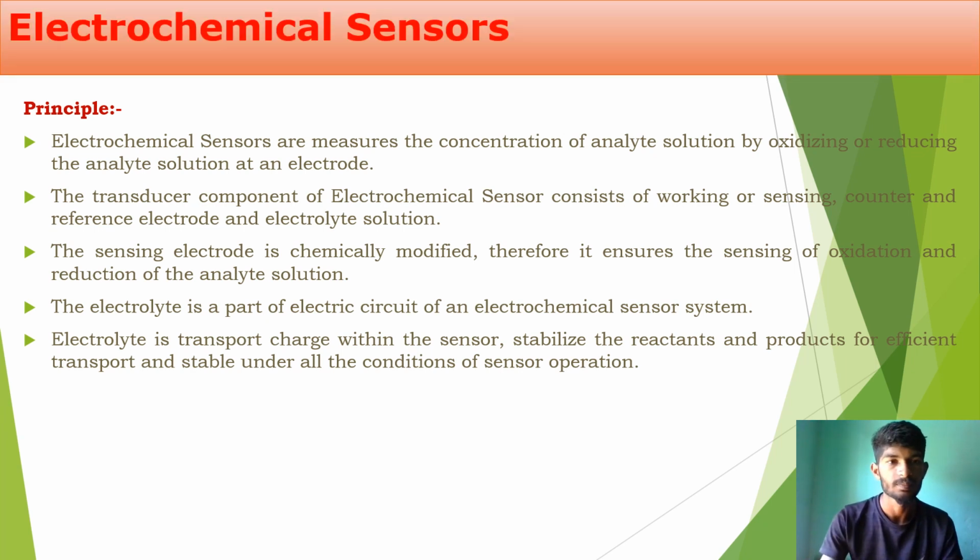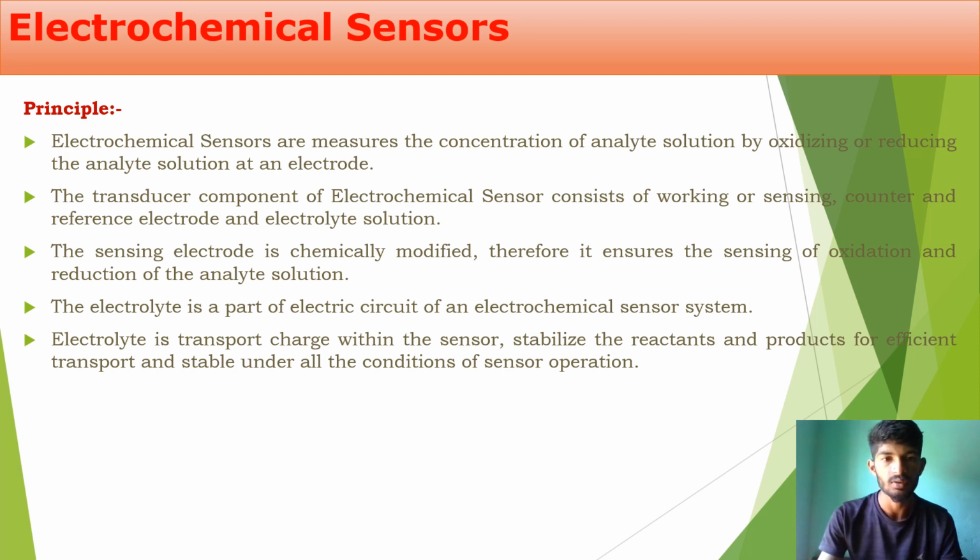Electrochemical sensors. Principle: electrochemical sensors measure the concentration of the analyte solution by oxidizing or reducing the analyte at an electrode. The transducer component of electrochemical sensors consists of working or sensing, counter and reference electrodes and an electrolyte solution.